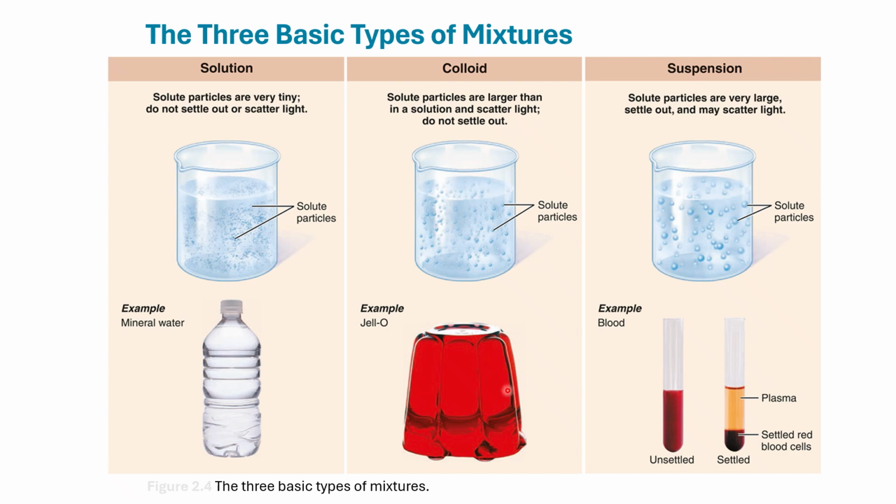That's why you see the color. But it definitely looks like it's still just a solution, but because it has color, it scatters light. Example is Jello. A suspension, the solute particles are very large, they do settle out, and they may or may not scatter light. Example of that is blood. So it will settle out.